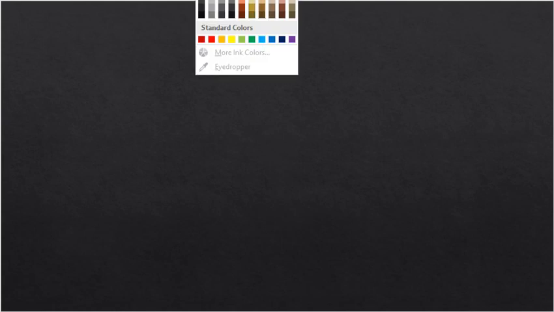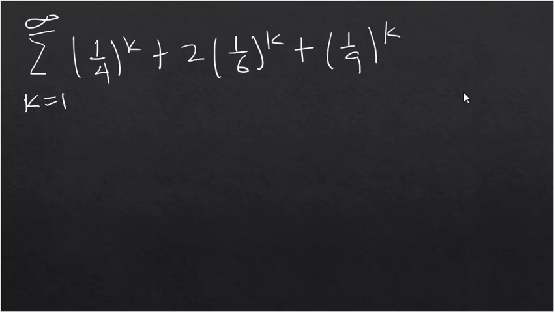Let us bring it to a new page and see how it looks. Now we will bring the whole summation and write what we have. Therefore, it's going to be the summation of (1 over 4)^k plus 2 times (1 over 6)^k plus (1 over 9)^k.